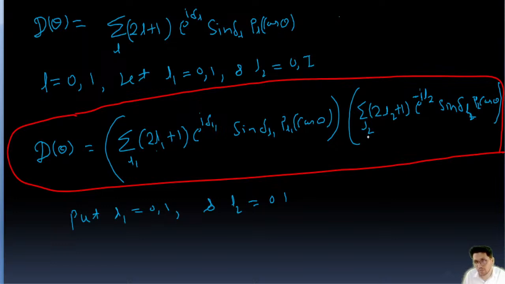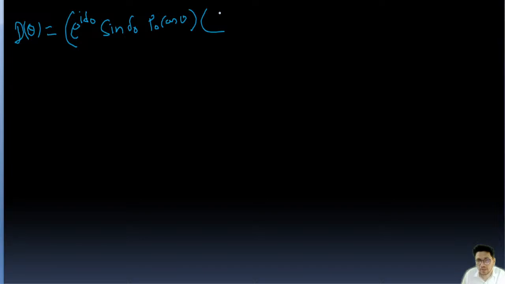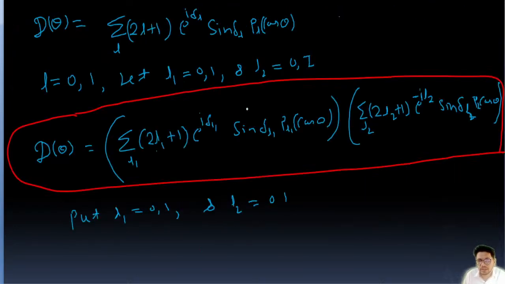Now we put L2 equal to 0, so the expression is e^(-iδ0) sin δ0 P0(cos θ).